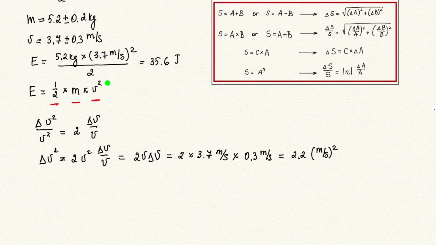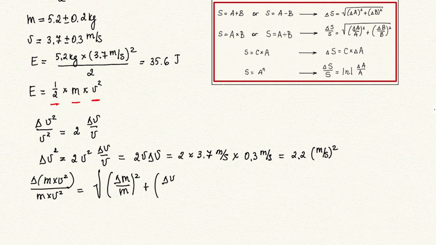Let's now find the uncertainty of this product of m and v squared. And we're going to be using this second equation from our box. Uncertainty of m times v squared over m times v squared equals square root of error in mass divided by mass squared plus error in v squared divided by v squared. And now I can go ahead and plug in my numbers.